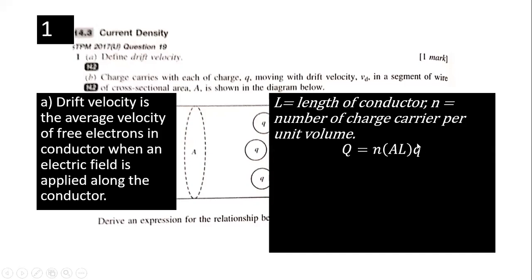Then you times your charge. This is the total number of electrons or charge. And definition of current, dQ/dt. That's your charge put inside there and differentiate it. Right? n is constant, A is constant, q is constant, so it's dL/dt. dL/dt is your drift velocity. That's all.